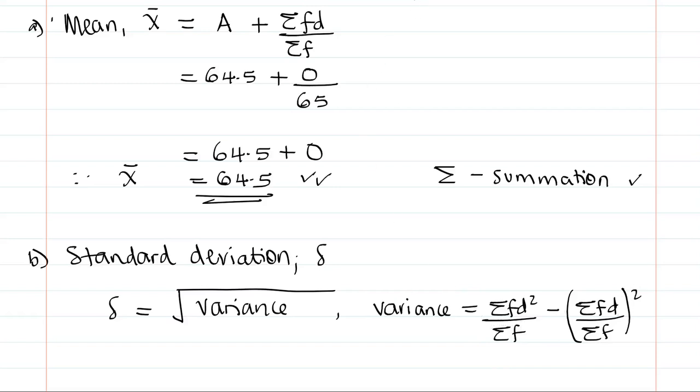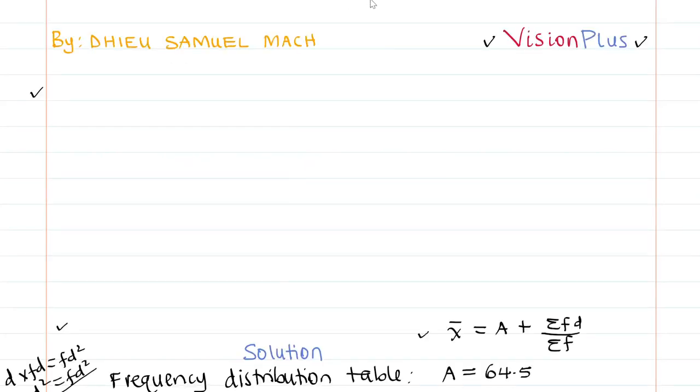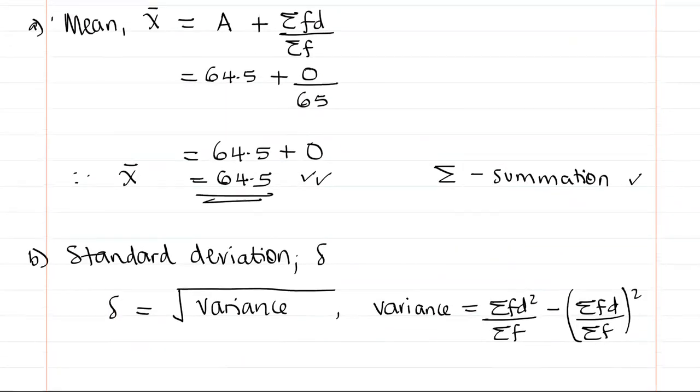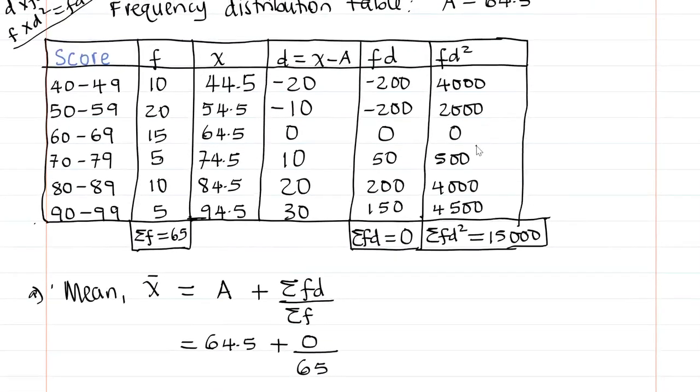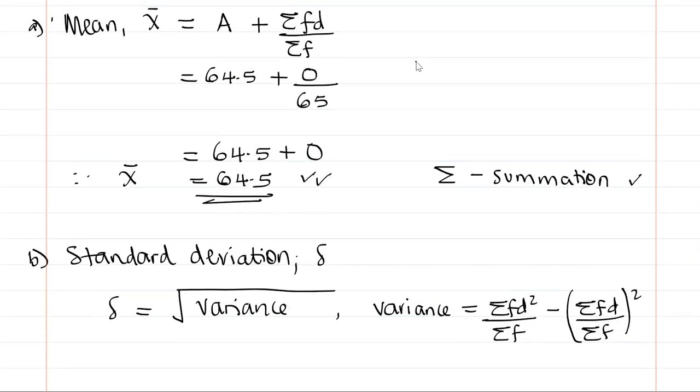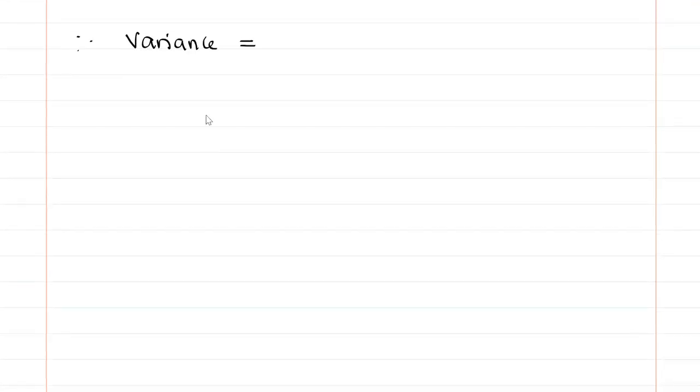So let me go to the next page. Therefore, get the variance and then I substitute for the value of the variance. So our variance, we have said, it is the summation of fd squared out of summation of f. So you look for the summation of fd squared. It is here, 15,000. So we shall have 15,000 divided by the summation of f, which was 65 students, minus, open the bracket.